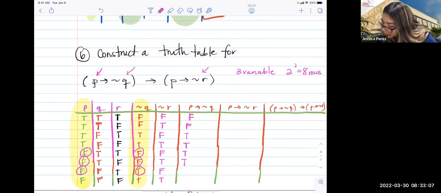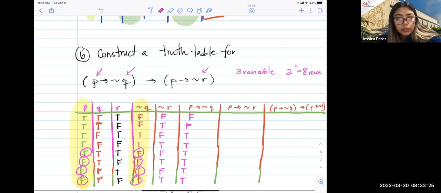F, T, that's a true. F, T, that's a true. Remember, the only false of an implication is if you have T and F. So right here, the false TF, but that's the only one. Those first two are false.